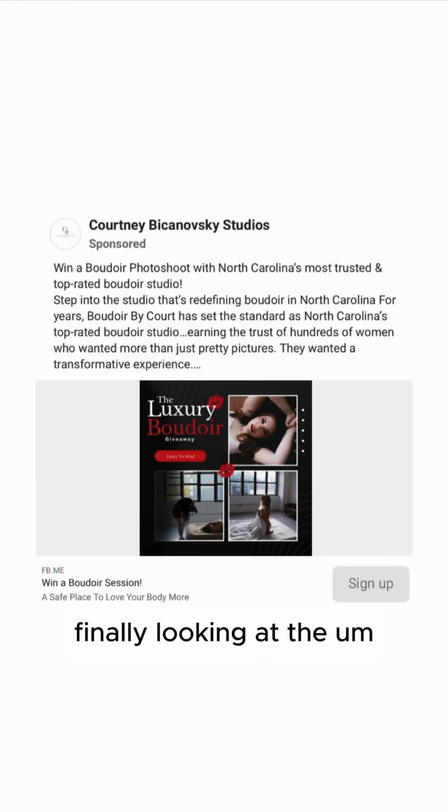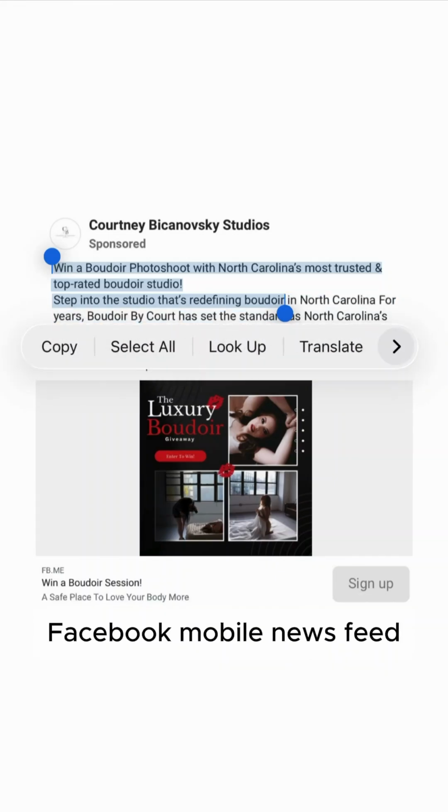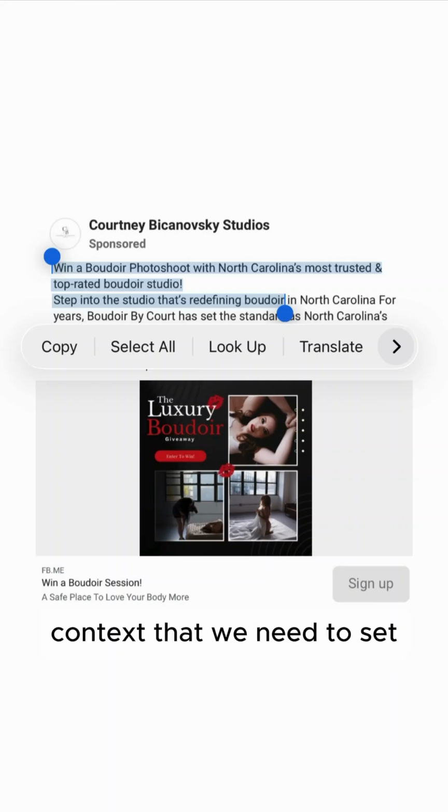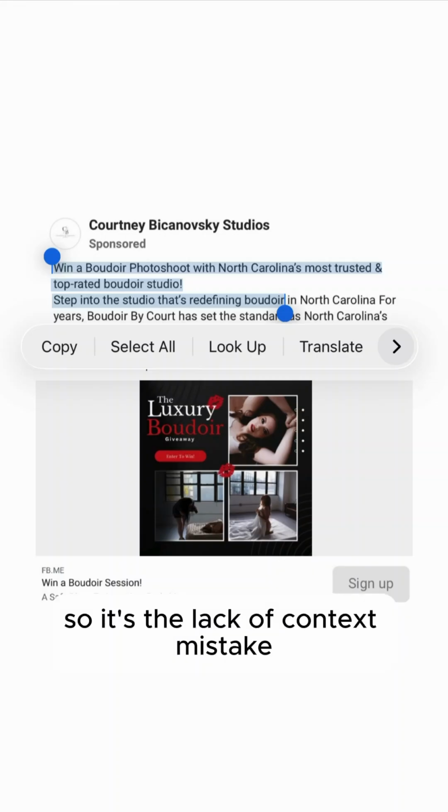Finally, looking at the see more headline here. The first 2 3/4 lines of the Facebook mobile news feed is all people will actually see when they see our ad. So basically no context here, context that we need to set. So it's the lack of context mistake.